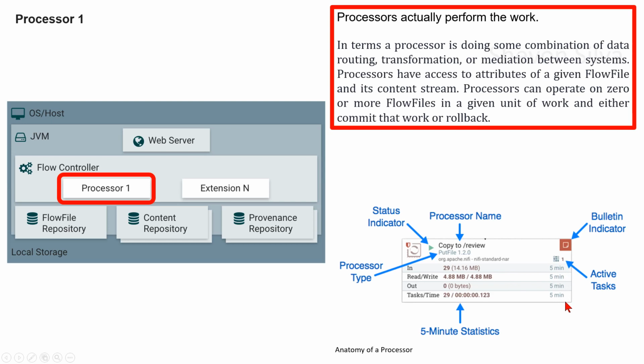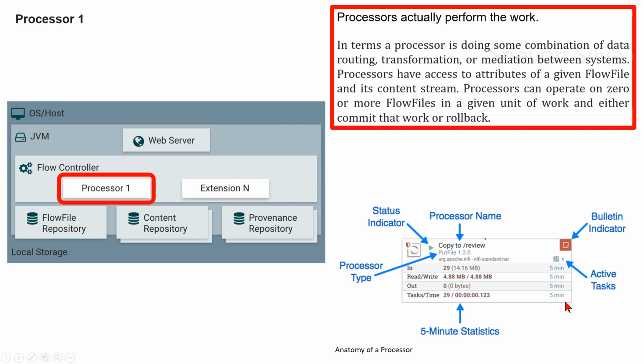5-minute statistics. The processor shows several different statistics in a tabular form. Each of these statistics represents the amount of work that has been performed in the past 5 minutes.